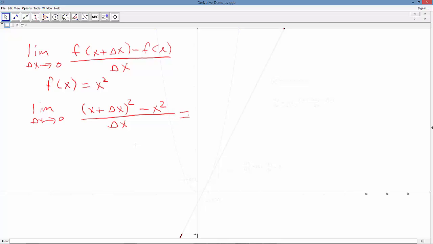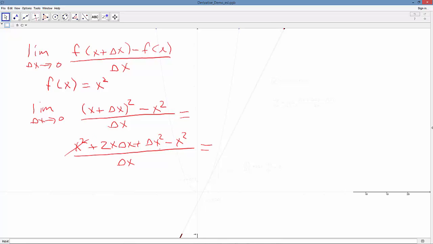So that's going to be equal to x squared plus 2x delta x plus delta x squared minus x squared over delta x. So we'll do some simplifications.